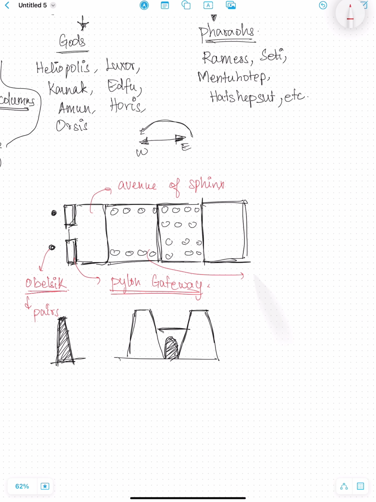This is your courtyard. Hypostyle hall. And sanctuary.